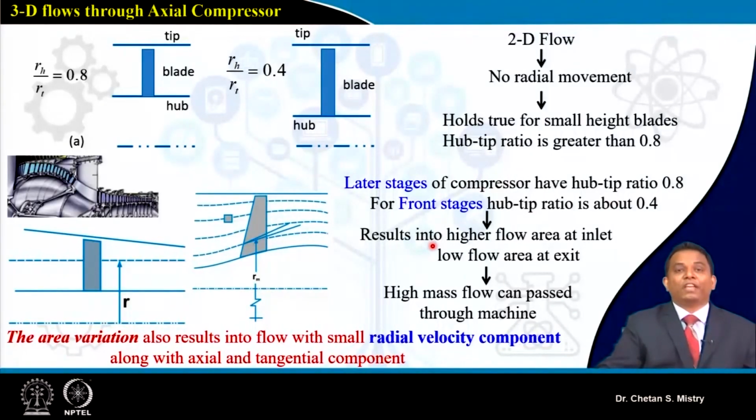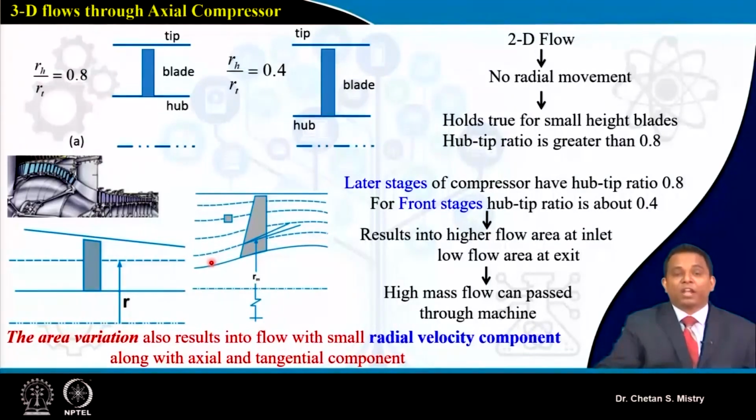Now what is happening? Because of the change in the height of the blade, our flow passage comes to have a different shape. Here, this represents a constant hub diameter configuration, where my tip diameter is changing.